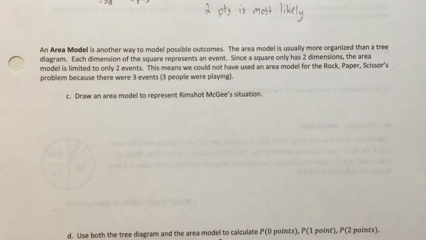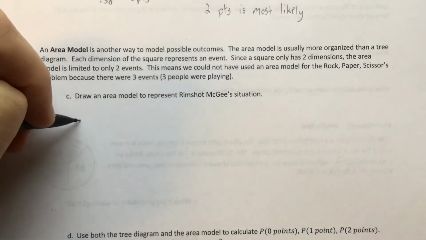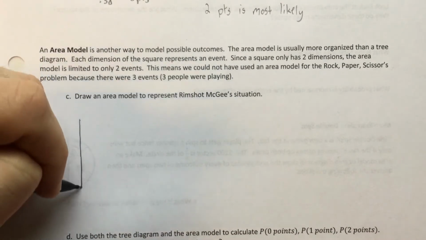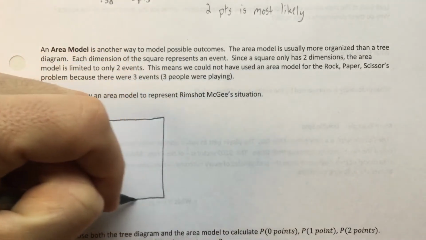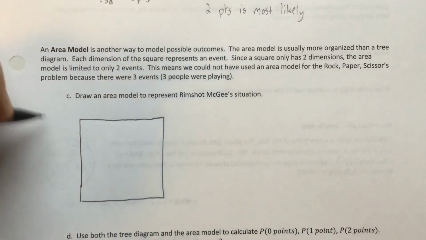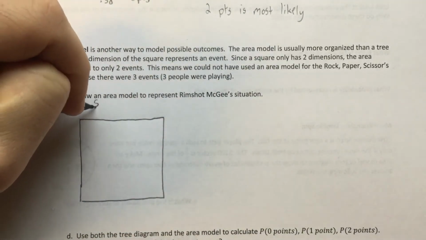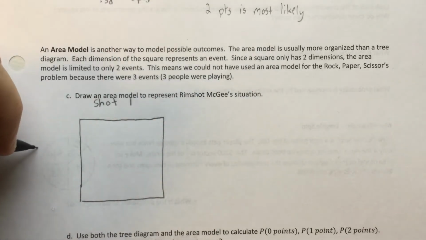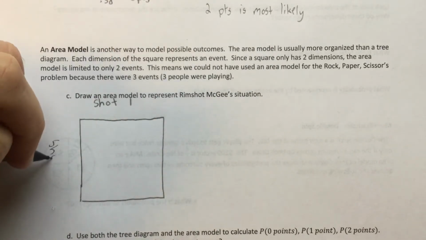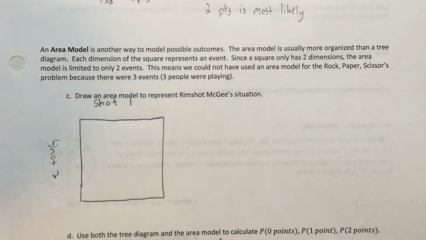So for our area model here, I am going to draw a square. And then your events go along your dimensions. So I'll have shot 1 going along the top, and then shot 2 going along the height.